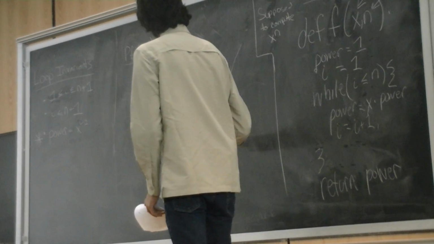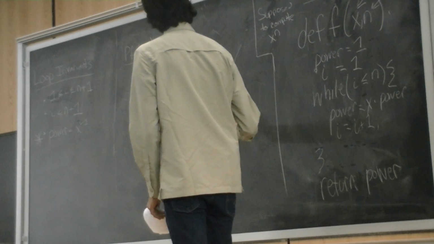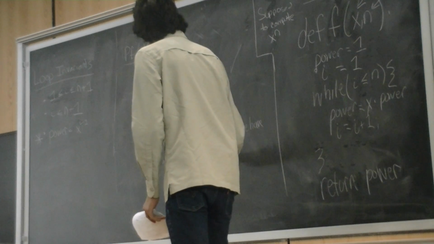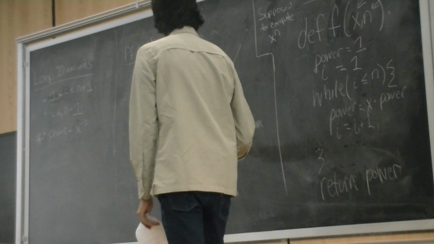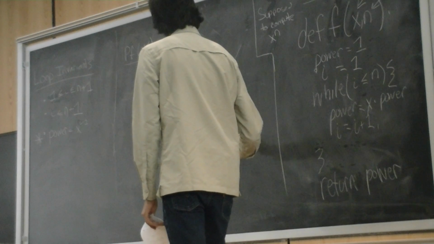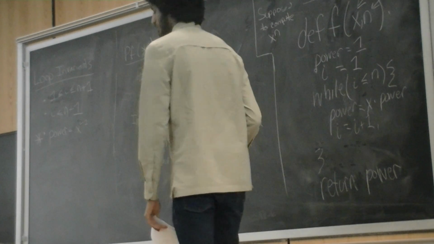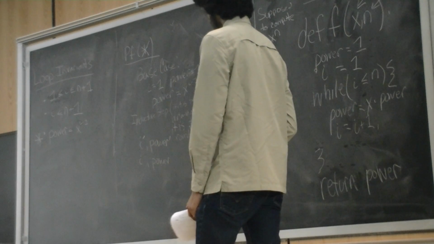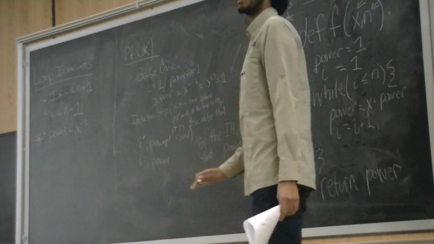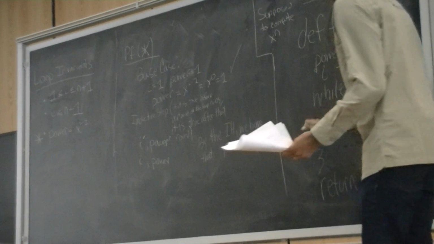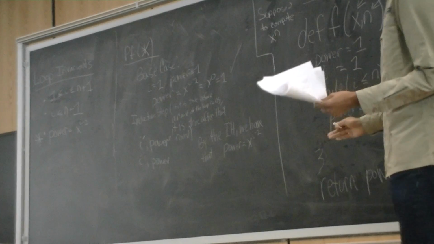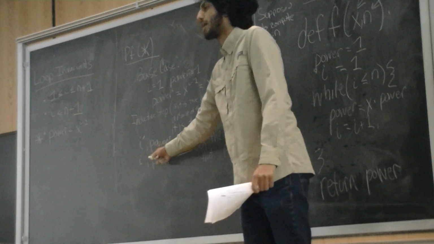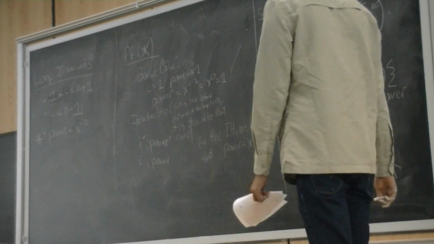So, by the inductive hypothesis, we have that power is equal to x to the I minus 1. Okay, that's what we're given by the inductive hypothesis. Now I need to show that after all this code in the middle of this loop runs, we still have that the loop invariant is true, but now with I prime and power prime. Okay, so what do we need to do for that?